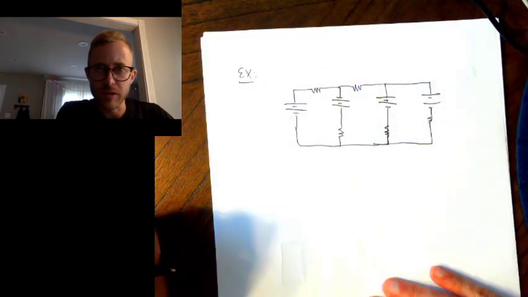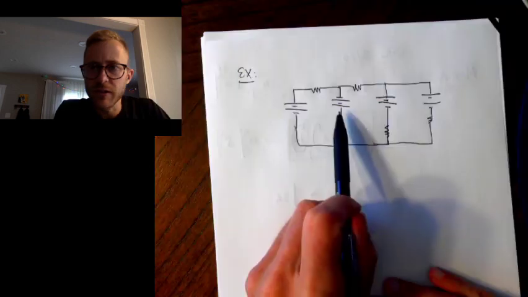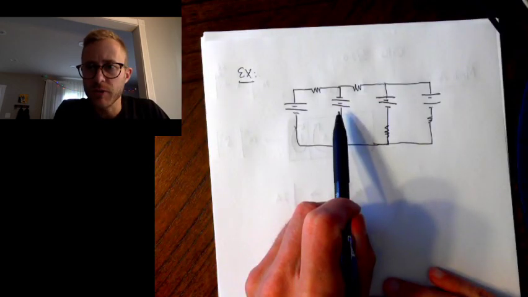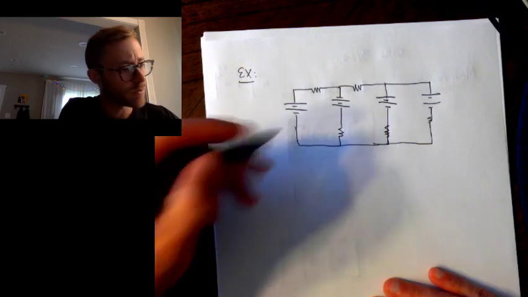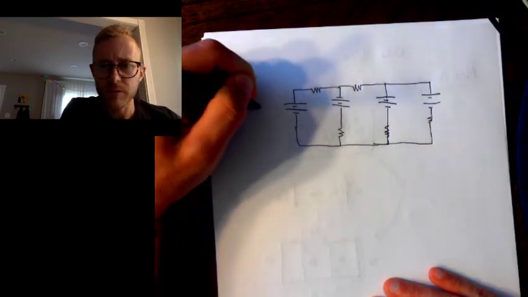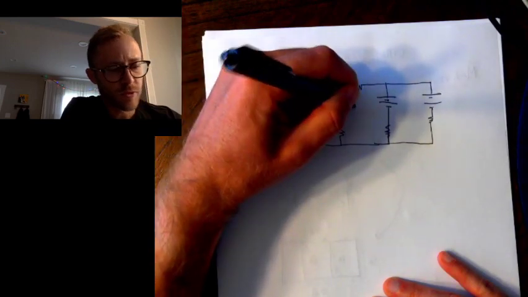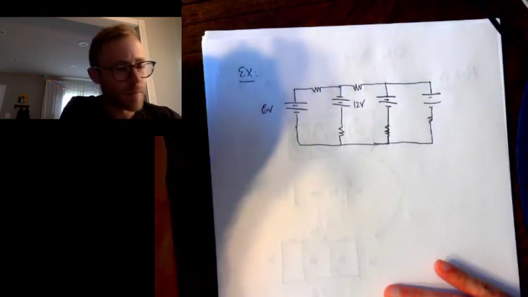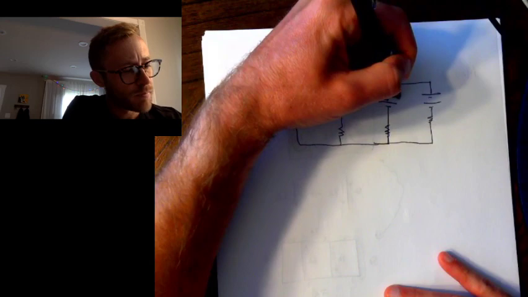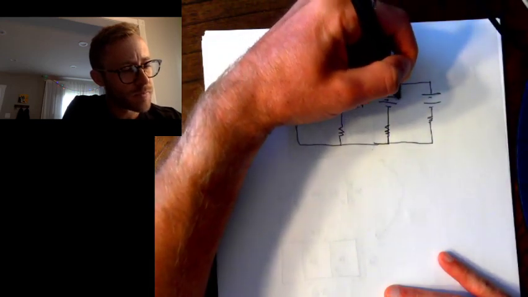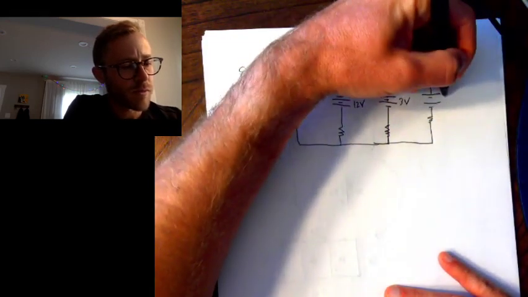Okay, so we can see this battery is backwards. So let me just give some numbers here. We've got maybe 6 volts, 12 volts, 3 volts, and 24 volts.